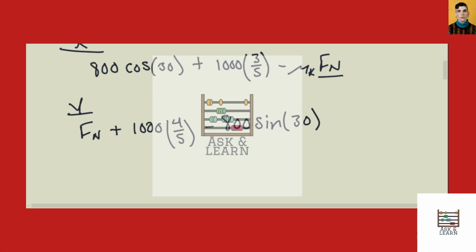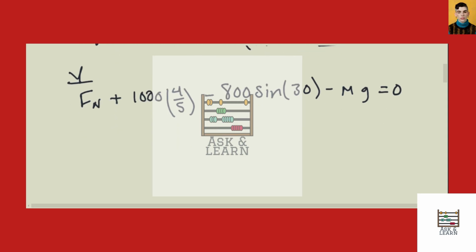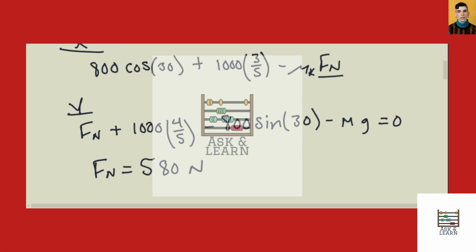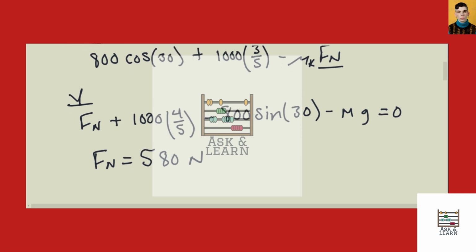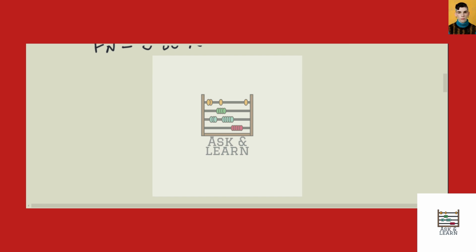And since the weight is pointing down as well, that's minus mg. And we know mass is given and gravity is 9.8. This is equal to 0 since there's no movement in the y direction. So plugging into the calculator and solving for F of n, we get 580 newtons.